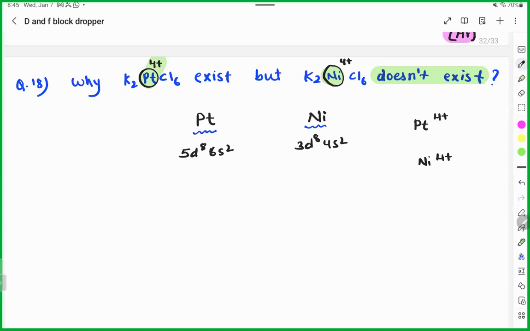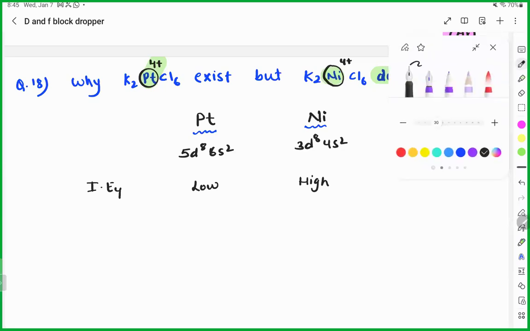So what will happen in platinum? Fourth ionization enthalpy will be low. That's why it can show. But in case of nickel, it will be high. So removal of the fourth electron from nickel will be really difficult. But in platinum, it's easy.